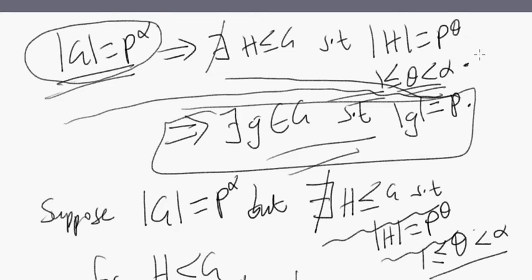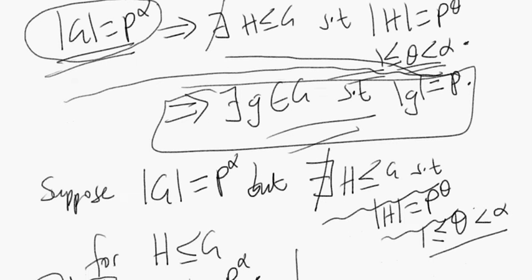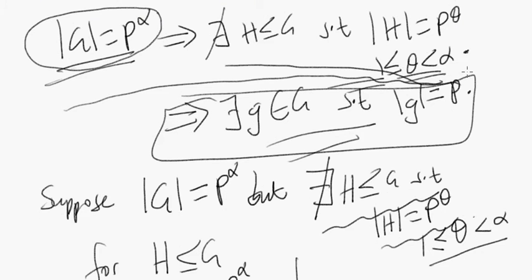How can we put this well? Suppose we're able to show that if there is no H whose order is p to the theta, with theta having these conditions, then there is no H with the order of H being equal to p to the theta.